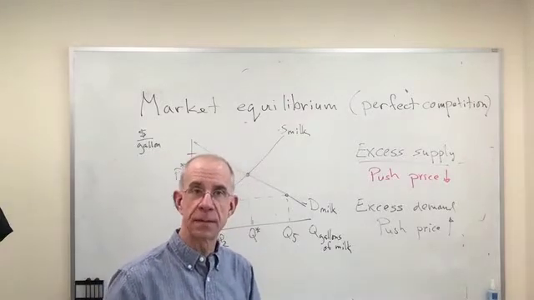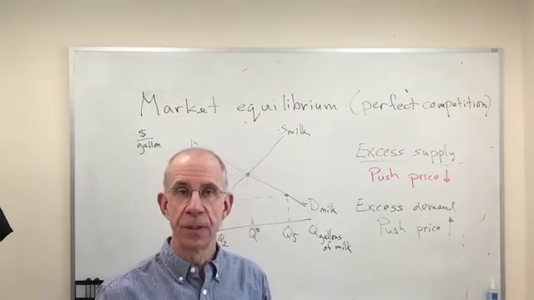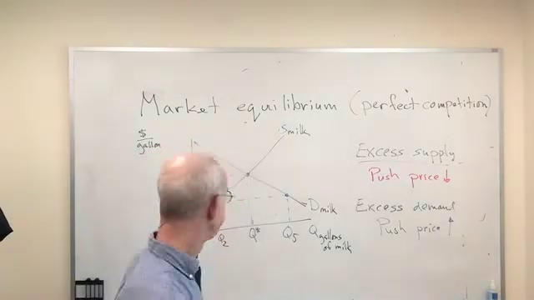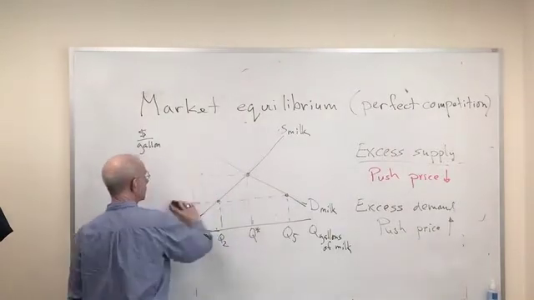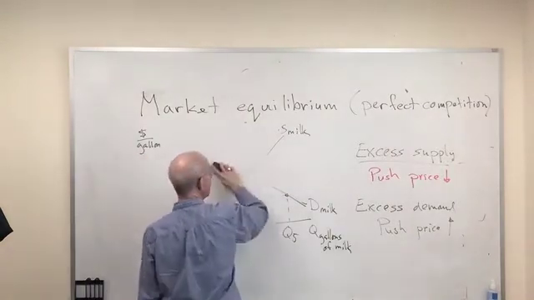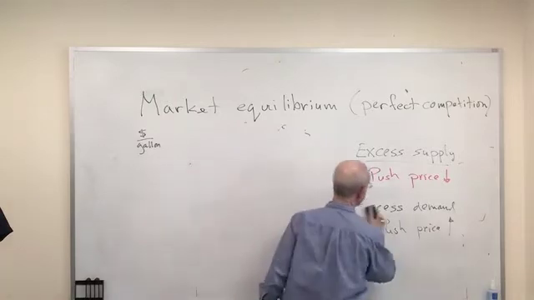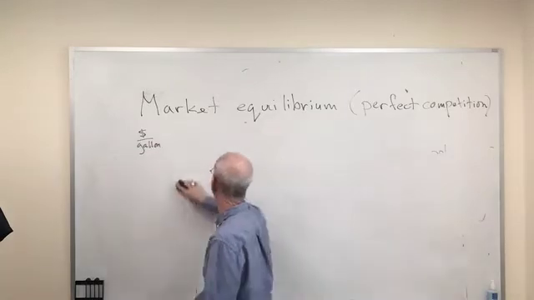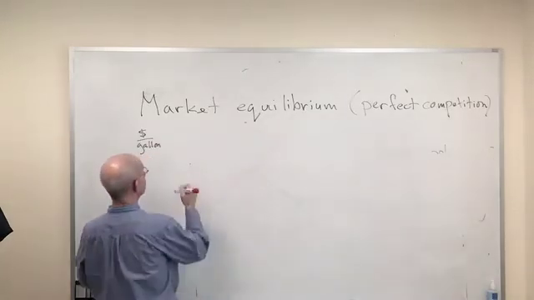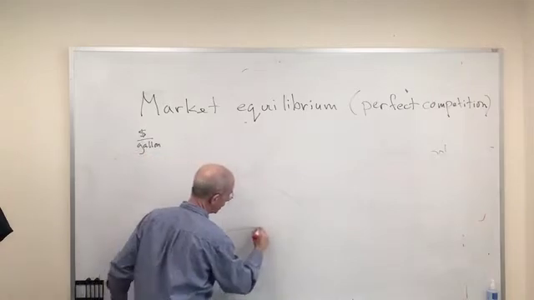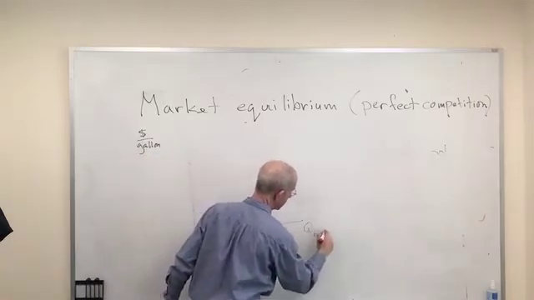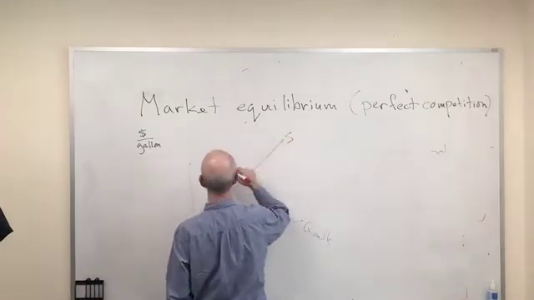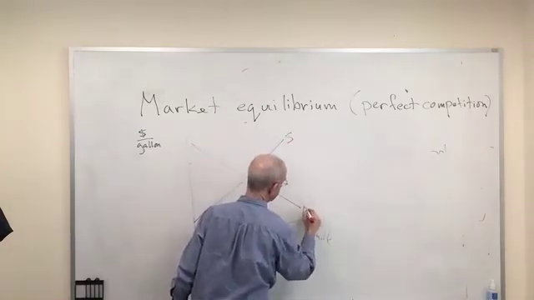Okay, so let's think about what happens in the case of a supply or demand curve shift. Okay, still this supply and the demand of milk. There's the quantity of milk. Here's the original supply. There's the original demand.